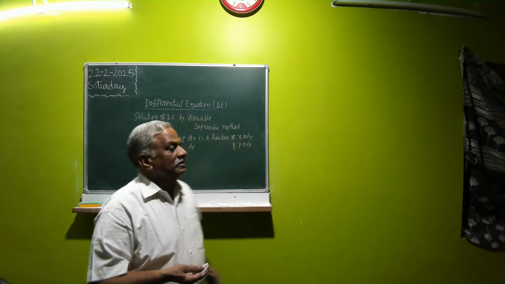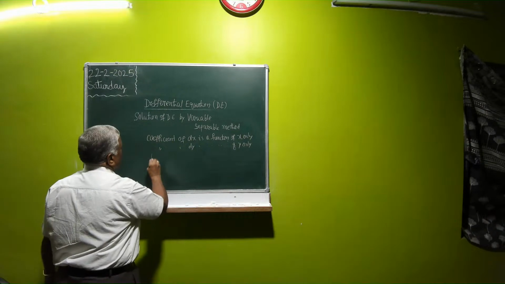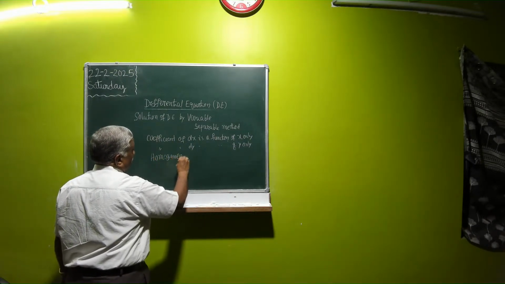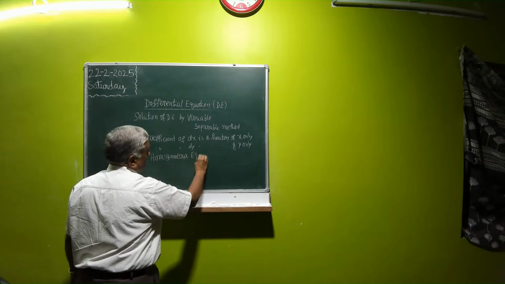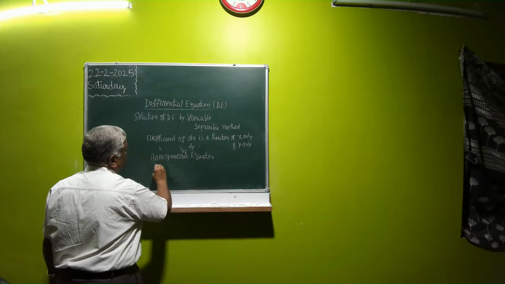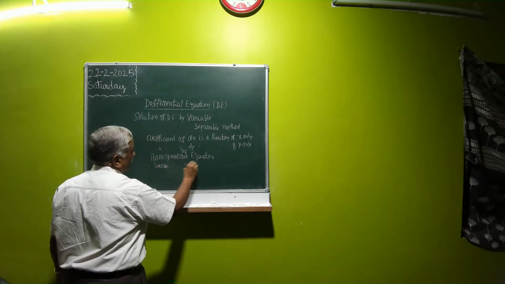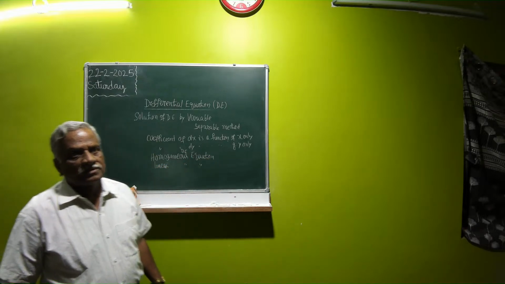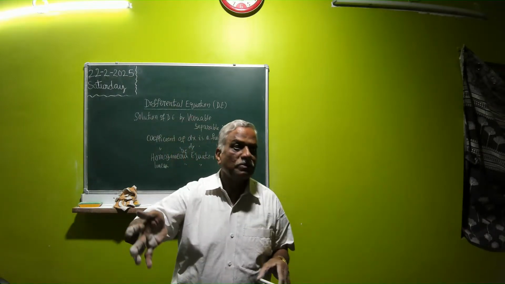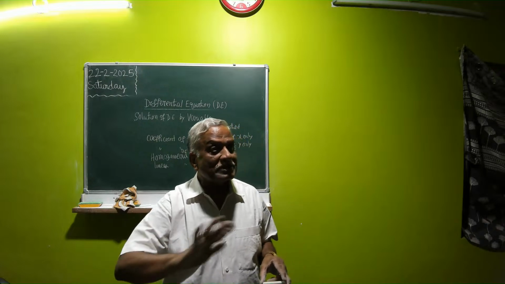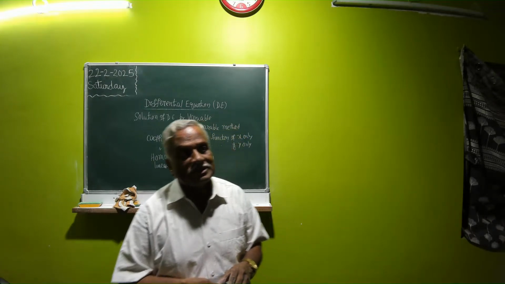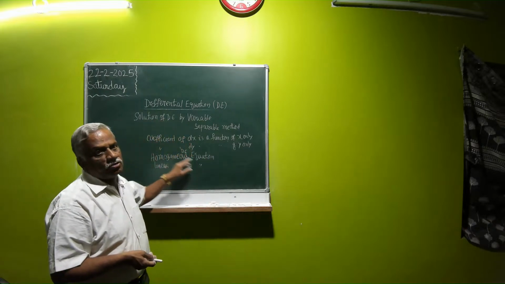So we have another type, called the homogeneous equation. I'm just listing them; we'll go to the details later. Homogeneous differential equation. Next one is linear differential equation. So we are solving by variable separable method, not all the problems, only the problems where you can segregate them into two different parts. For the problems which we cannot segregate, we will check whether it is homogeneous.